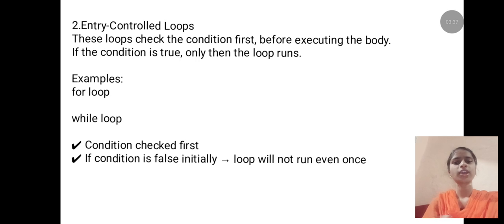There are two examples for entry control statements. First one is for loop and second one is while loop. Condition is checked first, and if the condition is false initially, the loop will not run even once.